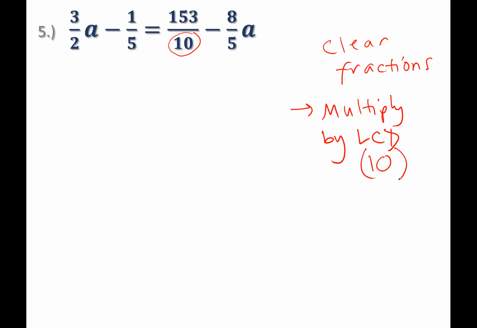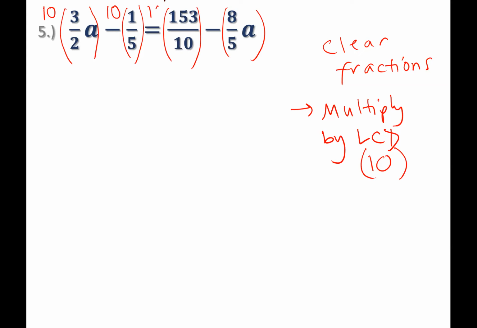And what that will look like is essentially distributing the 10, and I'm going to multiply each term by 10. So the way I like to show this is I'm writing each term in parentheses, just kind of putting little parentheses around each one in the original problem. And next to each term, each fraction, I'm going to write 10.